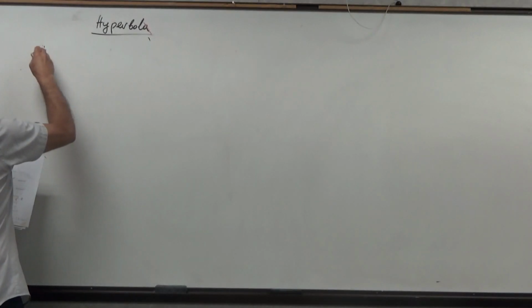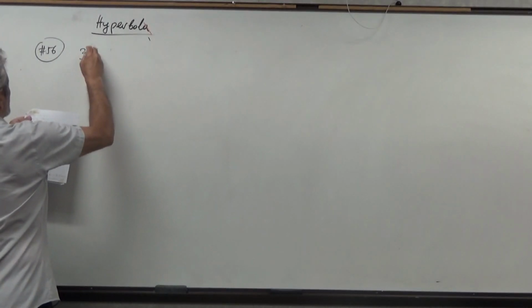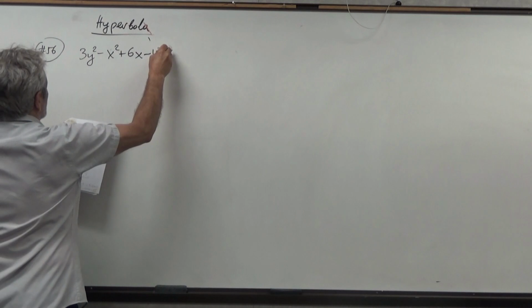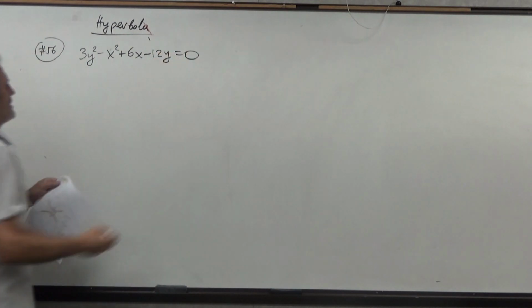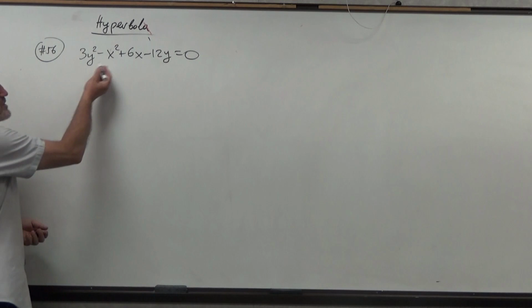All right, let's do some similar problems like in the previous part of this section. This is problem number 56. The equation is given, and we need to recognize the features. By the way, whatever we do, it will contain the origin because it doesn't have a constant term, and it's obviously a hyperbola.